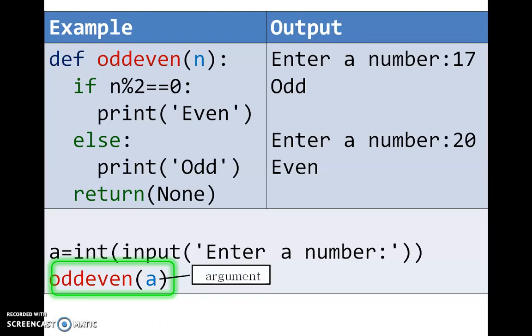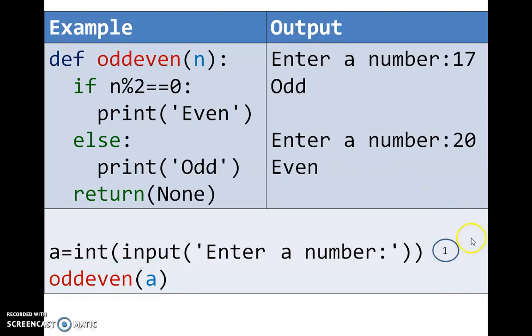So in which order will the statements be executed? Even though the function definition appears first, you see that the input statement is executed first, followed by the function call odd_even(A), and during the function call the value of the argument A is passed to the parameter n and the function definition will now get executed, that is odd_even will get executed.